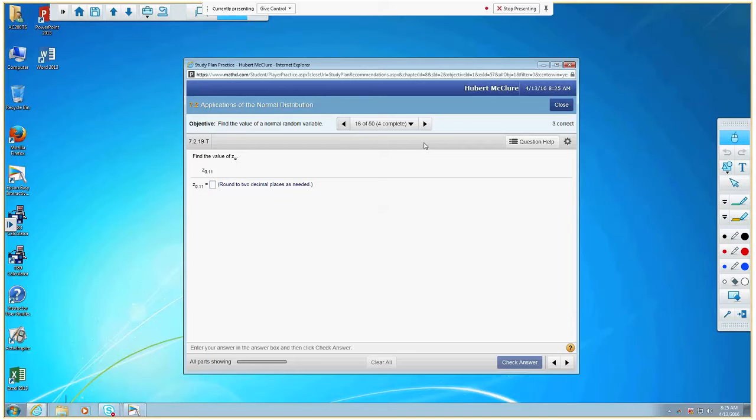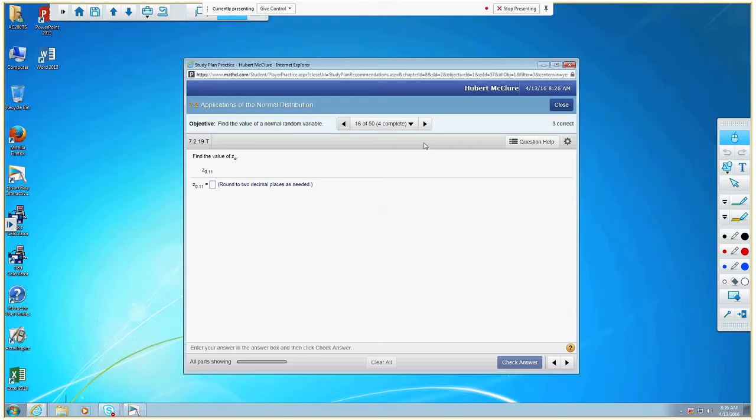So they want to know the 11th percentile, so 11%, which means area is 0.1100, which means probability is 0.1100. Trying to give you a hint there. What are they giving you? Area or z-score? Giving you the area, 0.1100. That's why I gave you 4 digits.